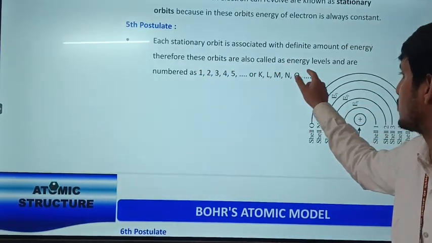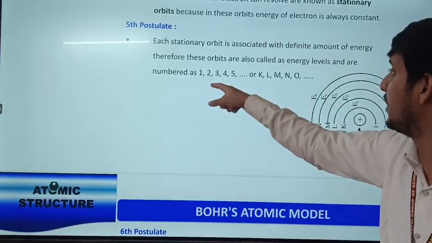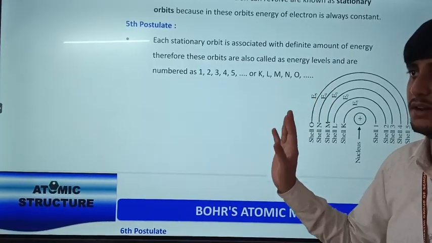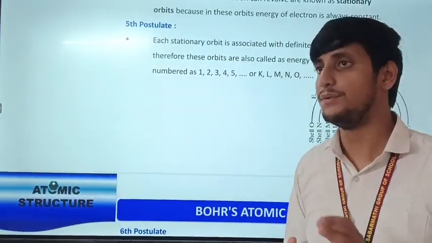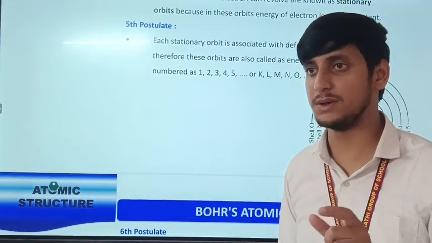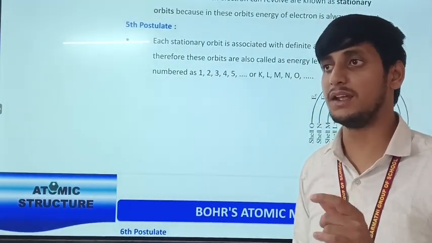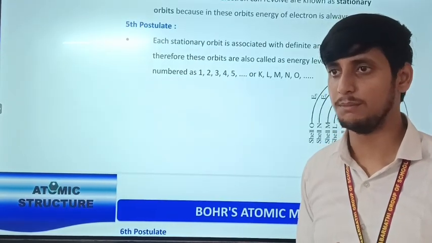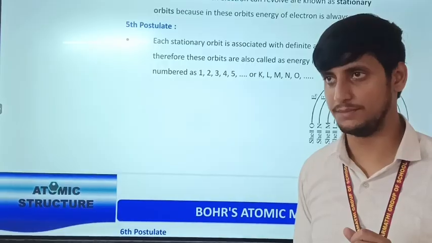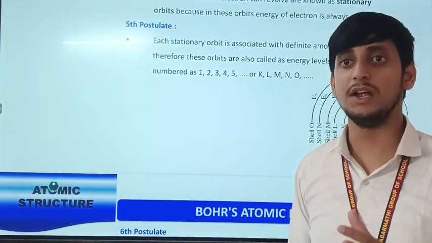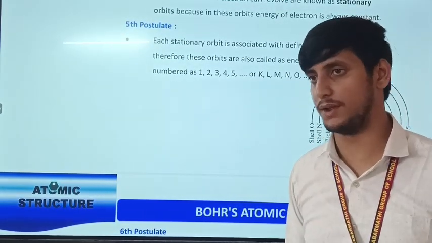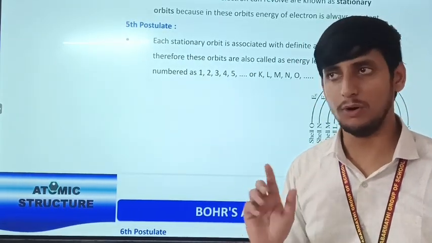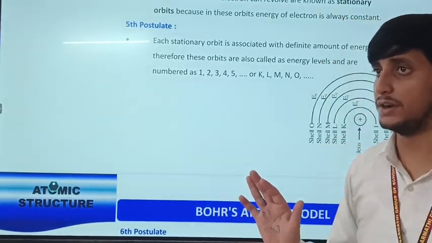Therefore, these orbits are also known as energy levels. They are numbered as the first shell K, L, M, N, O, P, Q. Each shell is associated with a fixed amount of energy, and we can calculate that energy by the formula E equal to minus 13.6 Z square upon n square. Unit is electron volt, which gives another formula.